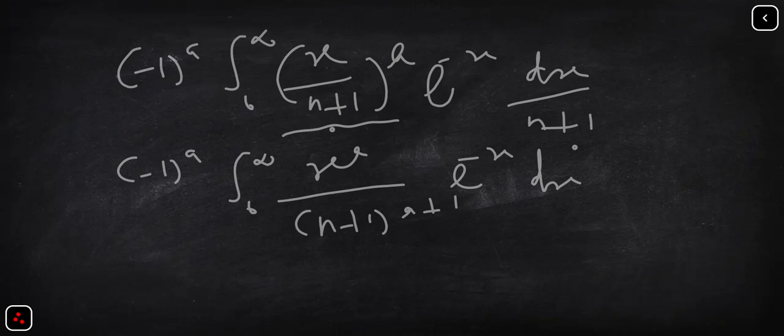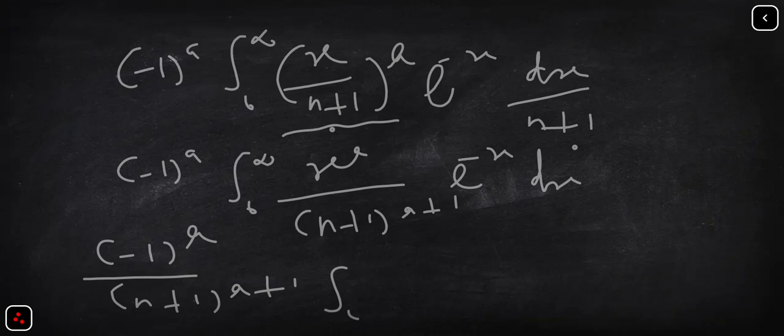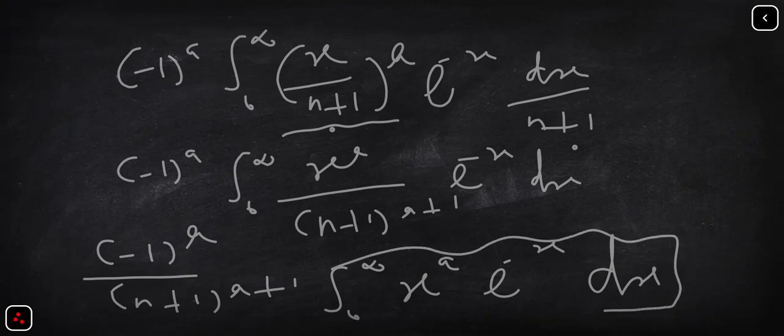So we are going to have minus 1 raised to the power of a over n plus 1 raised to the power of a plus 1, multiplied by integral from 0 to infinity of x raised to the power of a e raised to the power of minus x dx. So this is now the gamma function.